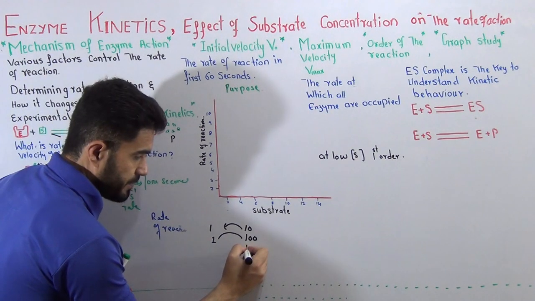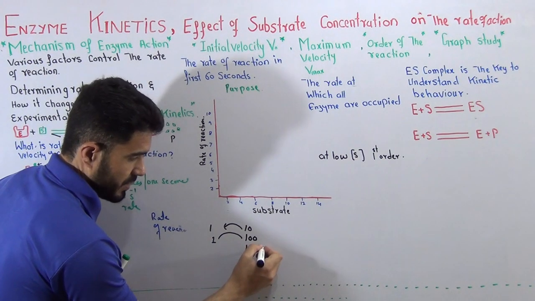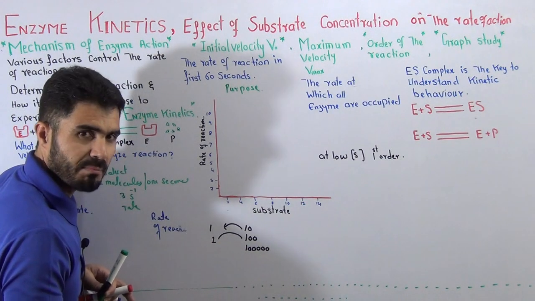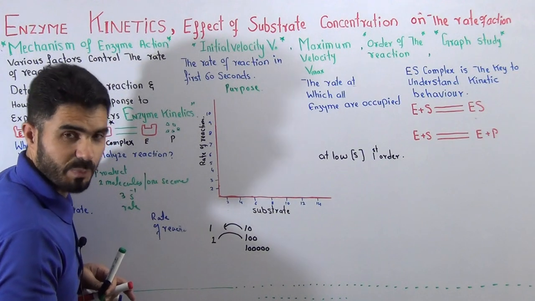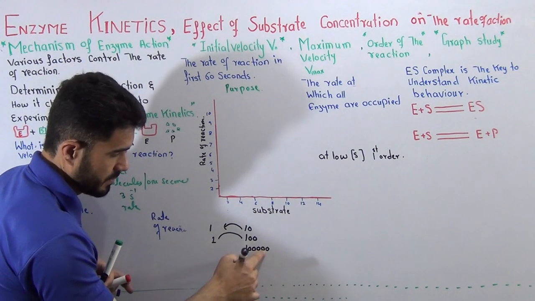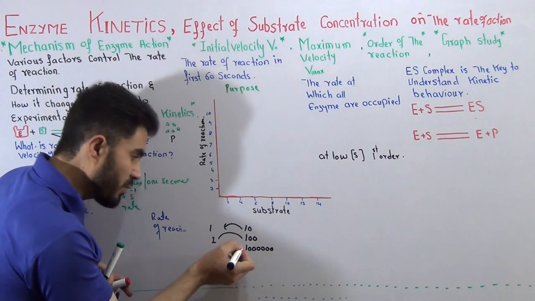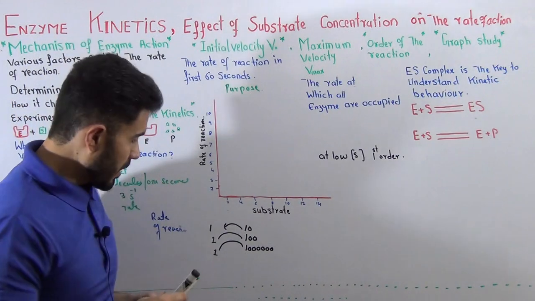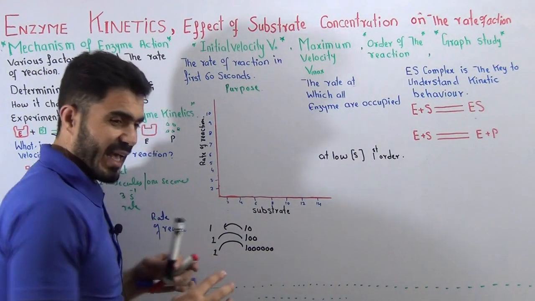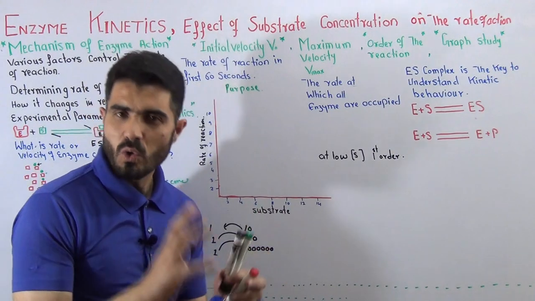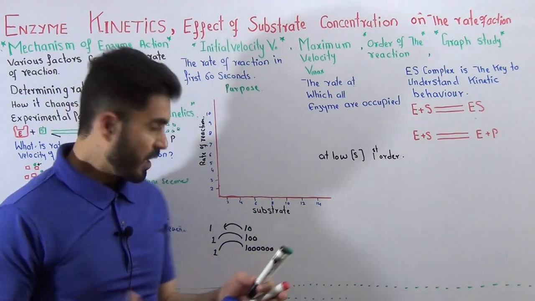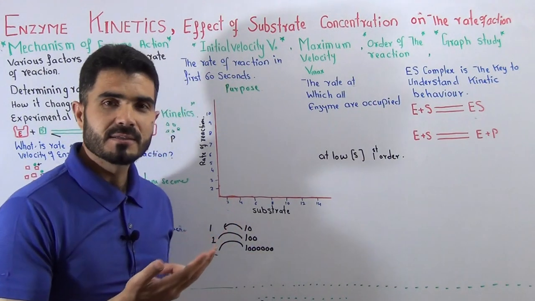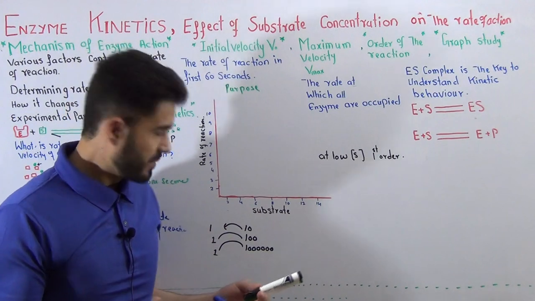If you take $1 million or 1 million rupees and take 1 rupee out of it, this 1 is almost negligible. If you take 1 rupee out of 1 million, people will say nothing happened.